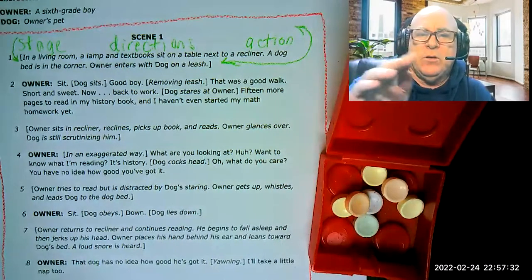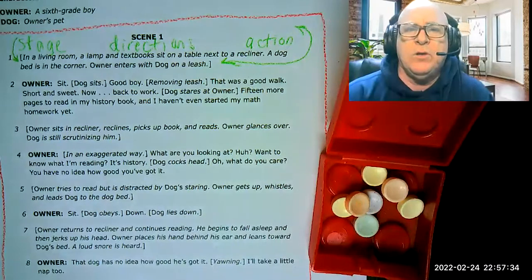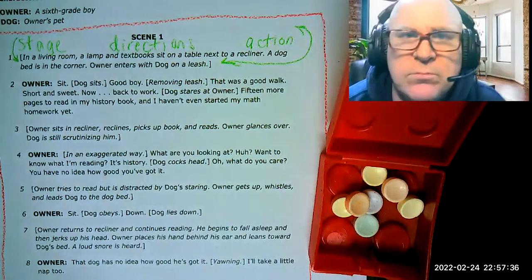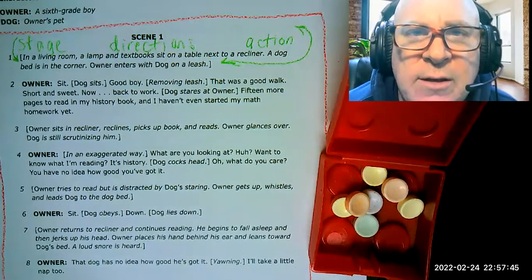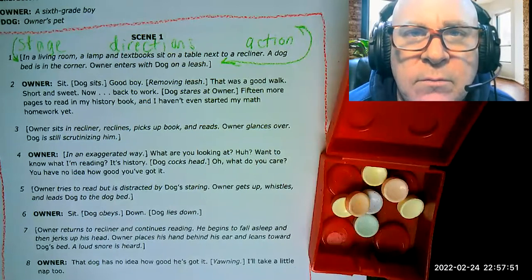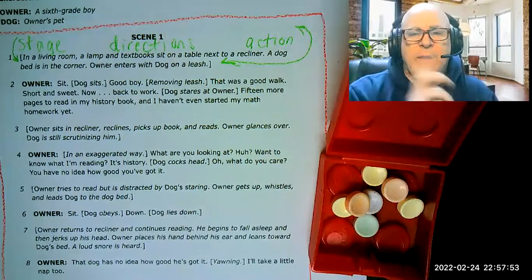Stage directions: dog stares at owner. That's all we know about the dog so far, is that he's looking at the owner in a staring manner. Action.